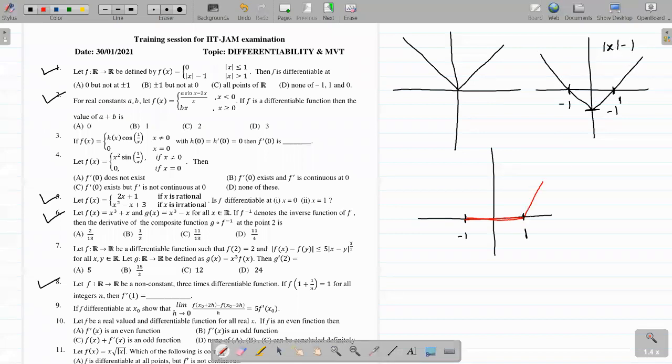Mod x minus 1 ऐसे जाता है. So what is happening? The function is not going to be differentiable wherever there is a corner point. So what are the corner points? Minus 1 and 1 are the problematic points. So your answer is going to be differentiable at 0, but not.